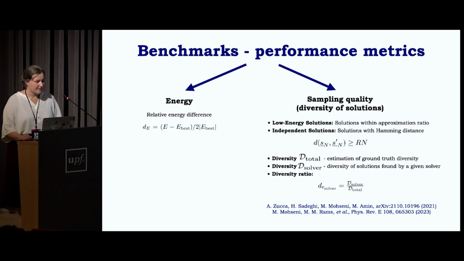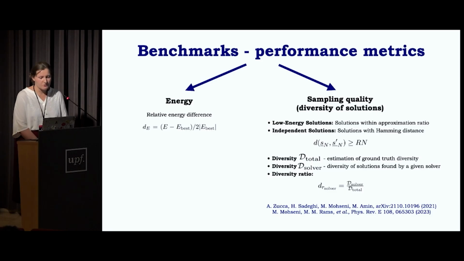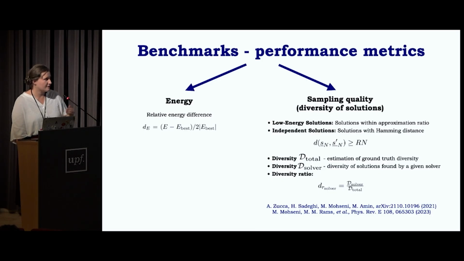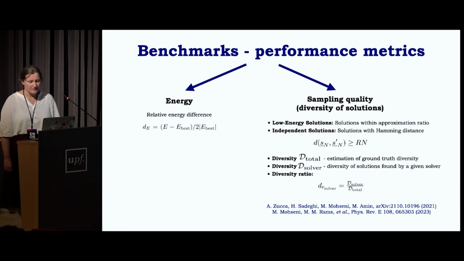And in the second metric, we probe the quality of sampling of diverse approximate solutions of spin glass problems, and our goal here was to select, from the set of all available solutions with energies within a given approximation ratio, the largest set of independent solutions.